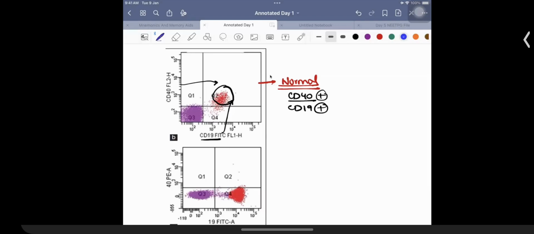But when we are looking at a patient, these are the cells that we are talking about. So these cells are CD19 positive, but these cells are CD40 absent, CD40 deficient. So that means these are examples of B cells in which CD40 is absent.